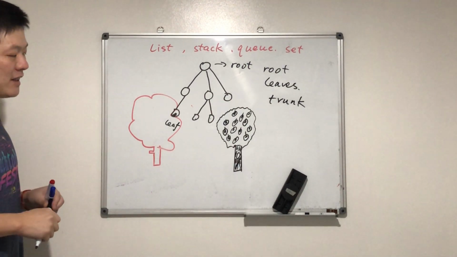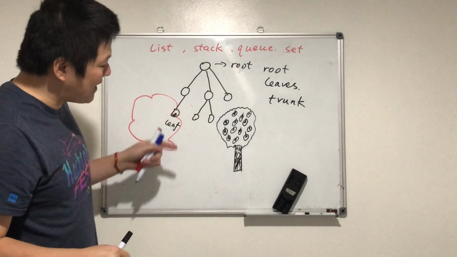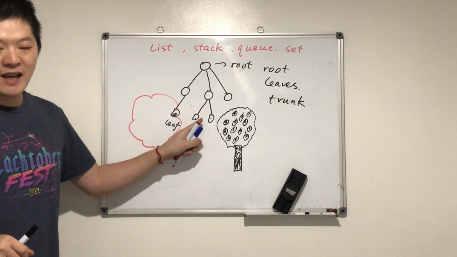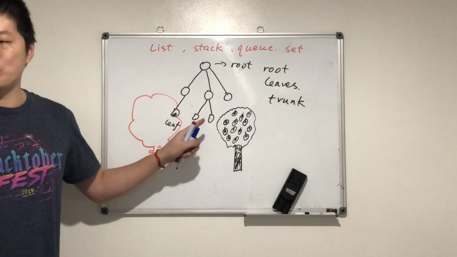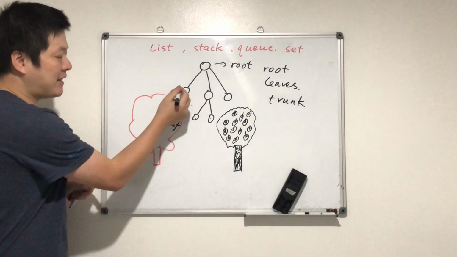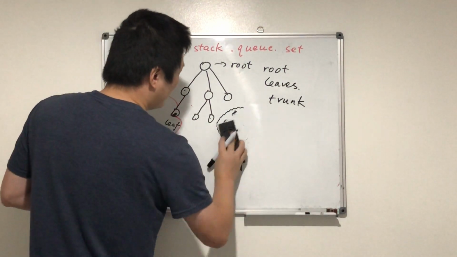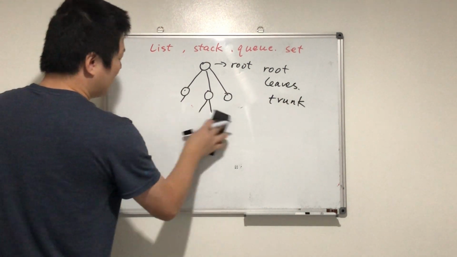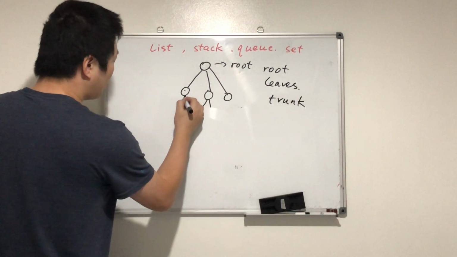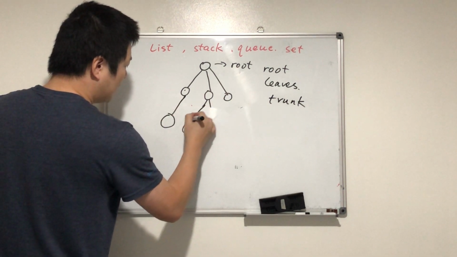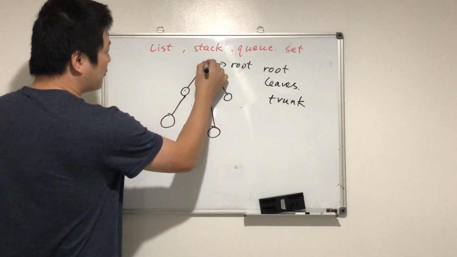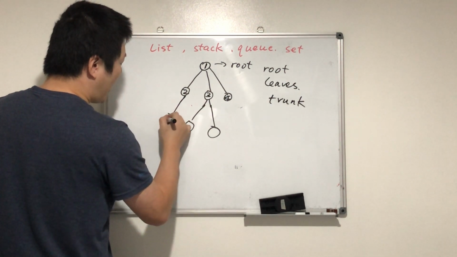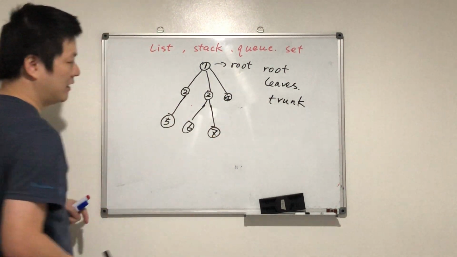So another thing to notice is that every node can have only maximum one parent. That's his parent, okay? Let's write this 1, 2, 3, 4, 5, 6, 7.